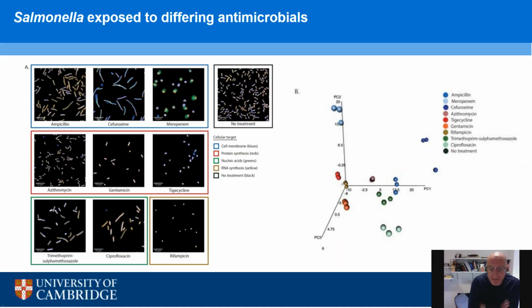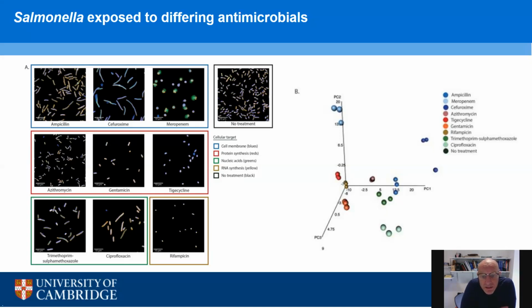Okay, so let's look at this. And this is one of the first things that we did really, was to look at salmonella exposed to different antimicrobials. So we took a relatively low concentration of these different drugs and then looked at how these organisms reacted to these particular different antimicrobials using sub-MIC concentrations.